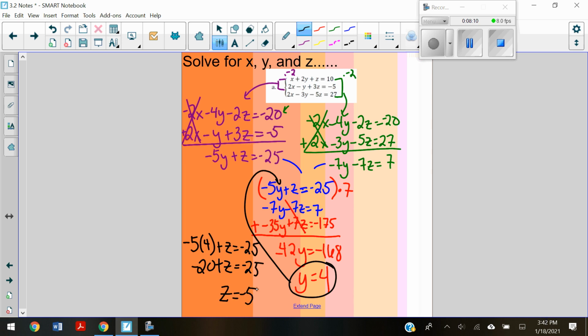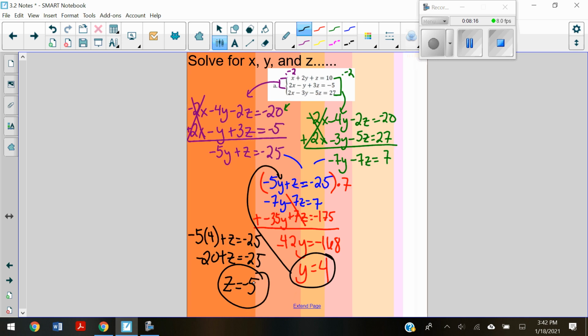Now, once you have both your y and your z, you're going to plug both of those into one of your original equations, and I'm going to pick my top equation. The reason I picked that is because it's probably the most simple one out of there for me to look at.